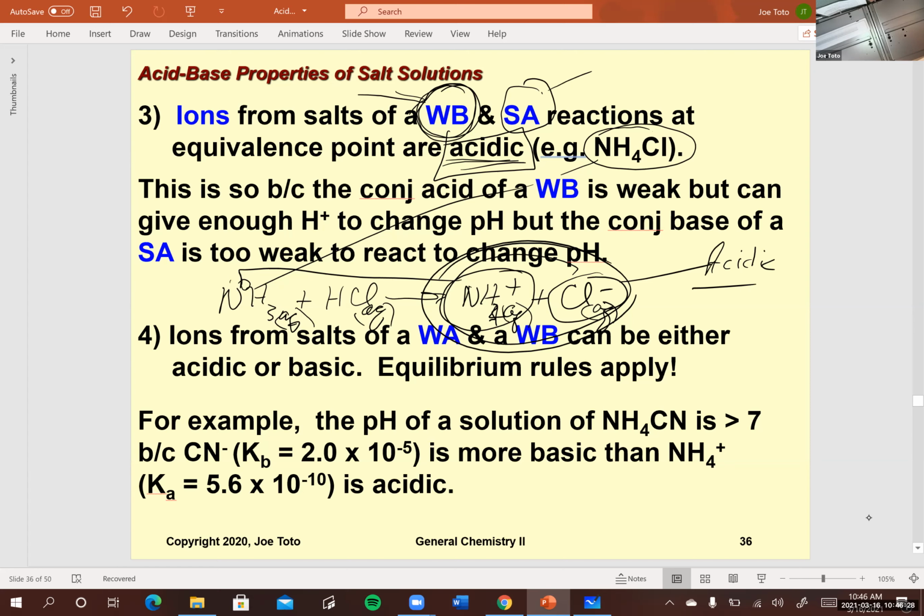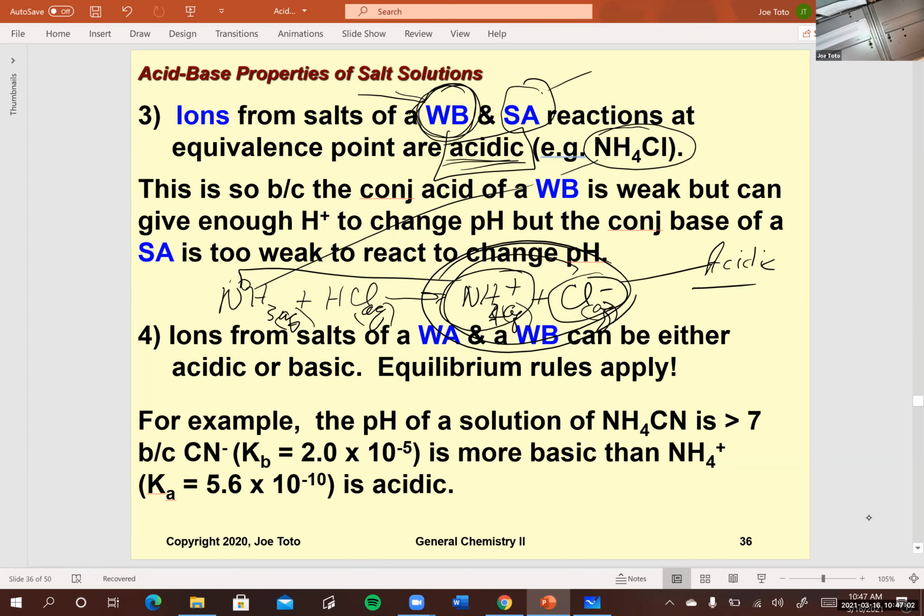The last possible situation is when we have a weak acid and a weak base. Remember before I said one of those has to be strong and it goes to completion. Well, when you have a weak acid and a weak base, then it doesn't have to go to completion. There's an equilibrium between the two, and the equilibrium problem becomes too complicated for Chem 201.